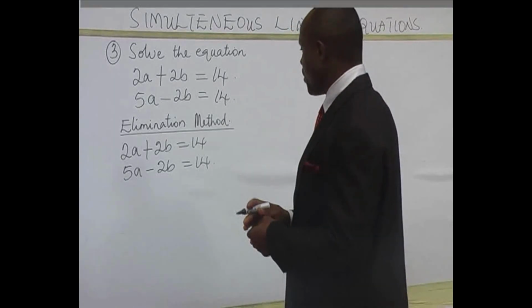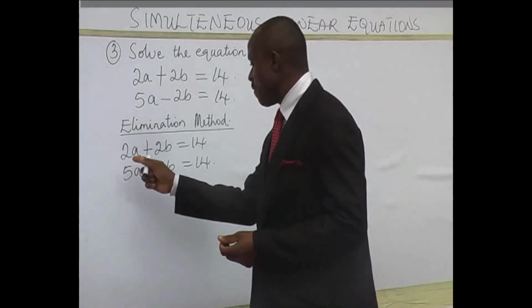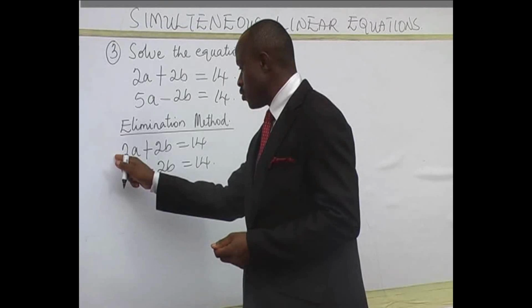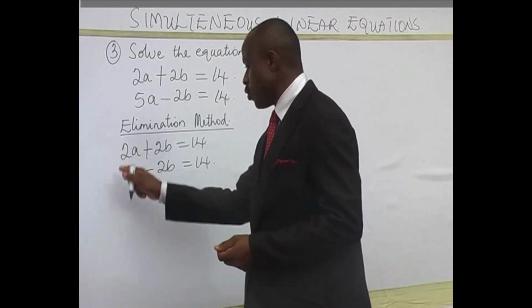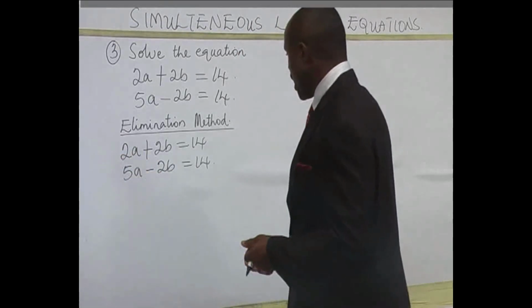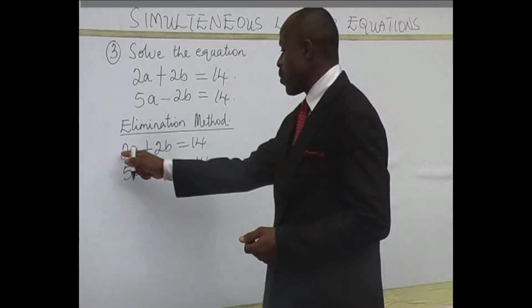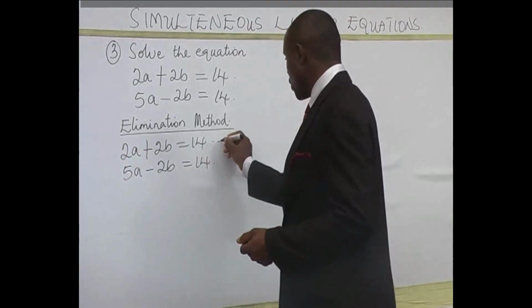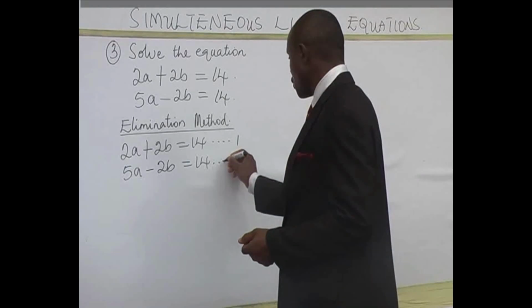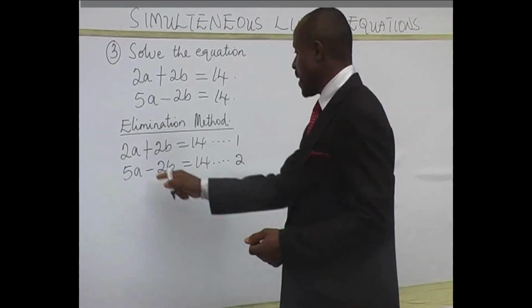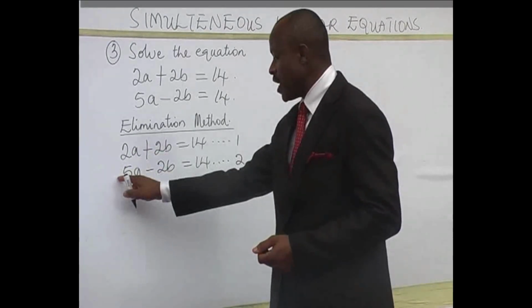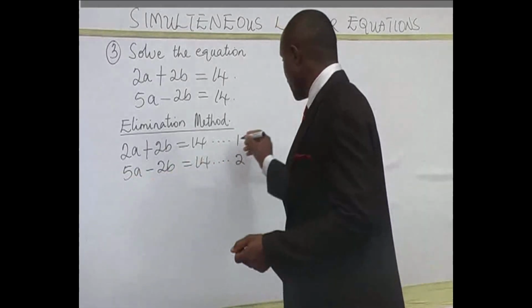So what I'm going to do in the elimination method is make the coefficient of a in both equations to be the same thing. In trying to do that, you multiply equation 1. Remember, this is equation 1, while this is equation 2. Multiply equation 1 by the coefficient of a in equation 2, which is 5.